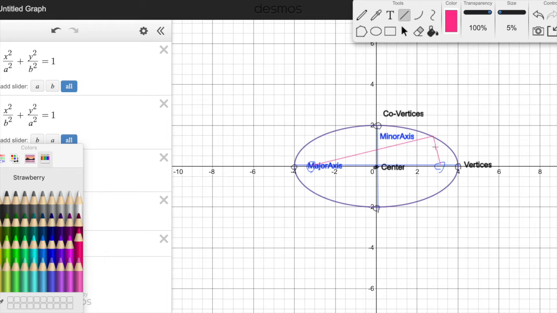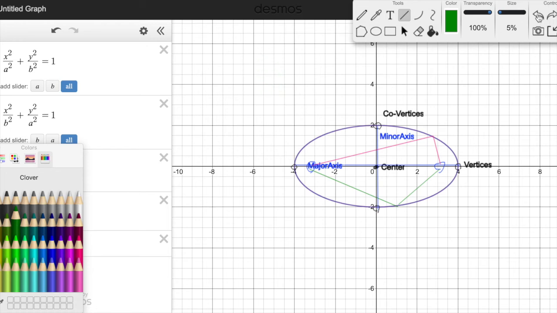So the combination of this line and this line would be the same as, let's say, this distance and that distance. So the green lines, if you added them together, their distance would be the same as the strawberry colored lines. So that's what those do. So that's how an ellipse is formed. That's a little bit harder to wrap your head around than a circle, where you would basically be the same distance all the way around.